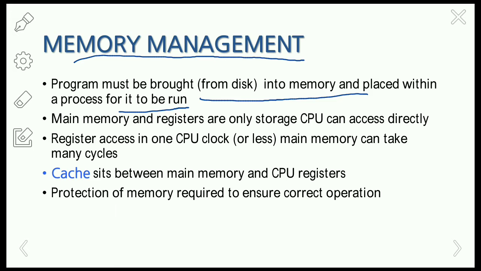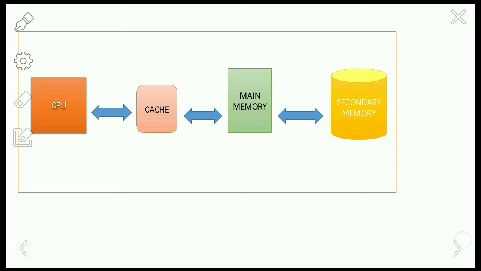Suppose I want to play a music file, then that music file will be fetched from the hard disk, which is the secondary storage device, to the main memory, and the CPU will execute it. That means the CPU will play that one for the user.